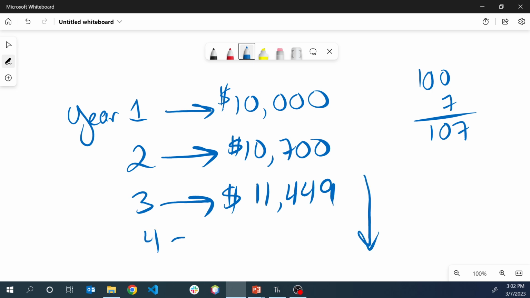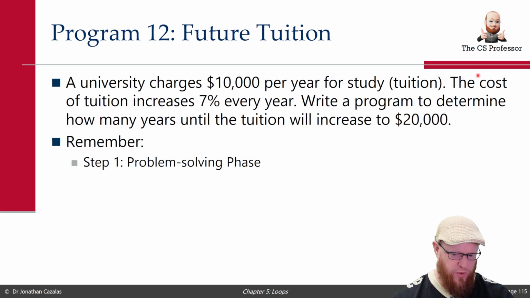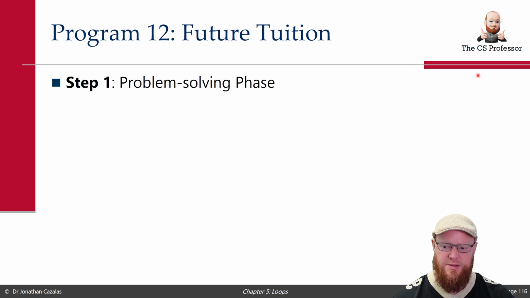Now get the fourth year, and then get the fifth year, and keep doing each of these years until you get over $20,000. So once we're at 20,000 or greater, how many years will that take?